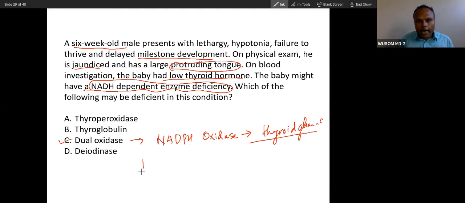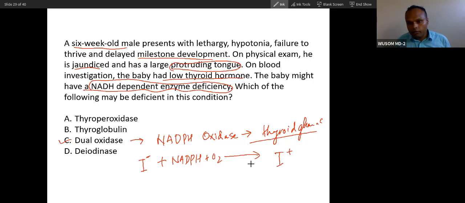This NADPH oxidase acts on the iodide ion. Using oxygen, it will oxidize this iodine to iodinium, negative charge to positive charge, I plus, and this I plus very selectively attacks the ring here.